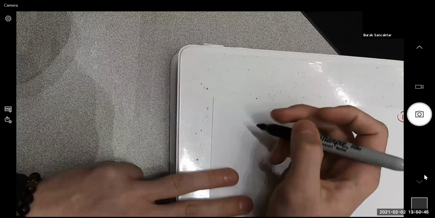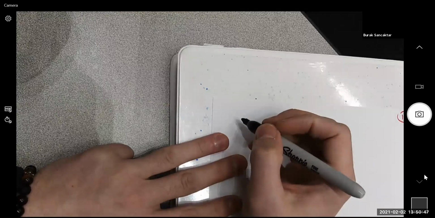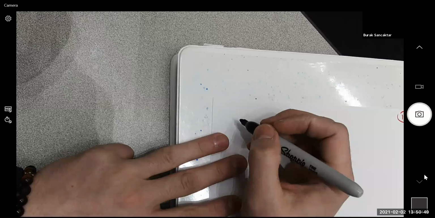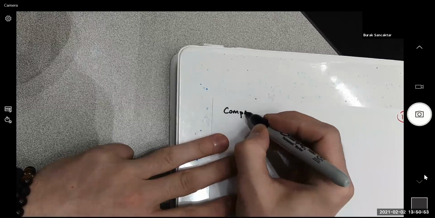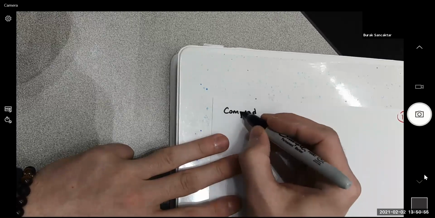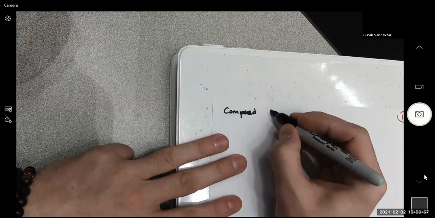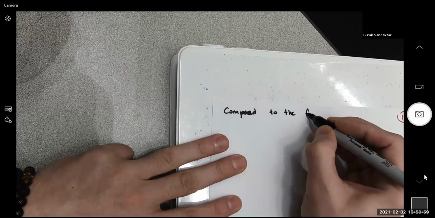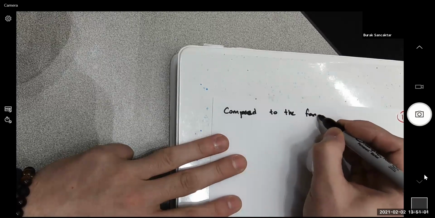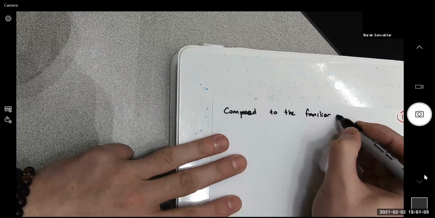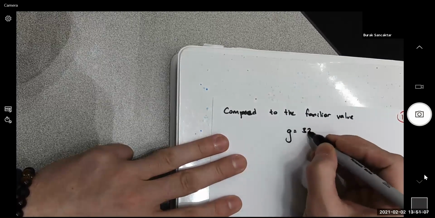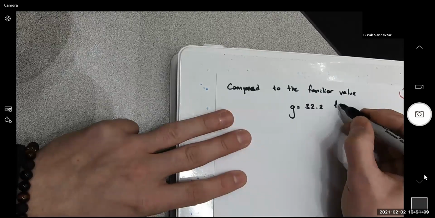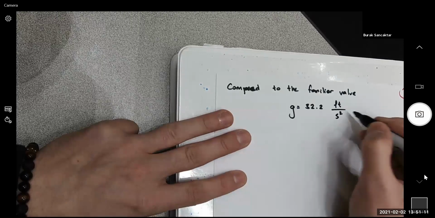This compares to the similar value, gravity equals 32.2 feet per second squared.